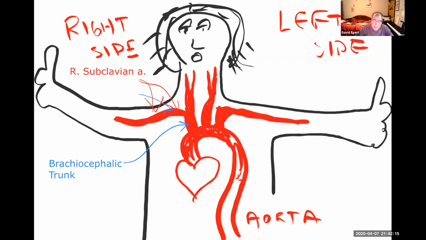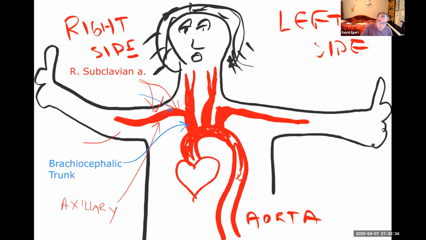Subclavian means under the clavicle. So you can kind of imagine it's going right under the clavicle. Then it gets different names as you move along. When it's under your arm, it's going to be the axillary artery.